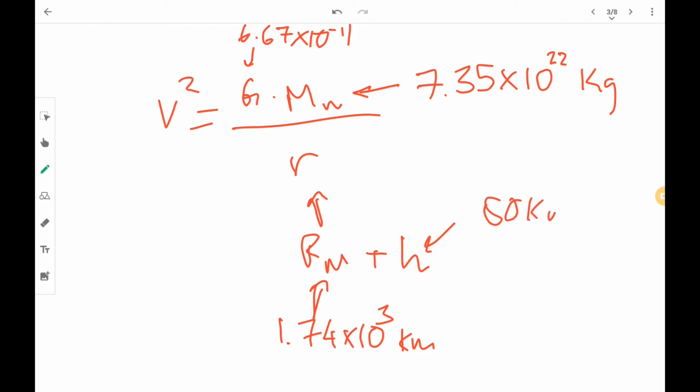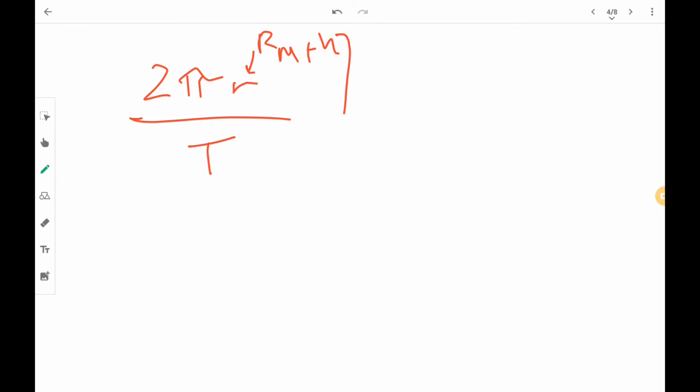kilometers. You can substitute for v, 2 pi r, the total r, this would be the radius of the moon plus the height, over T, all squared is equal to GM over r.